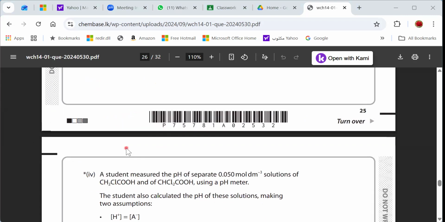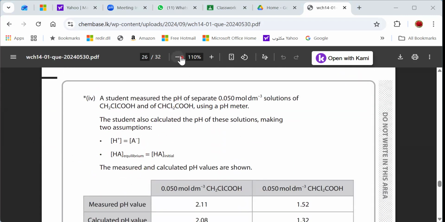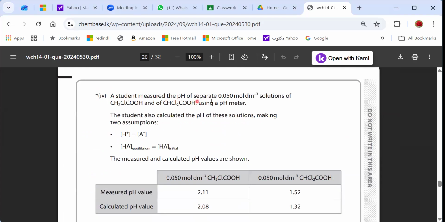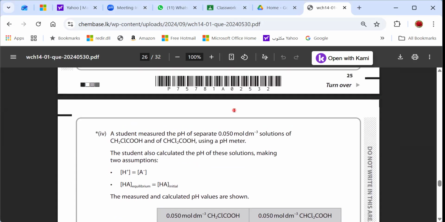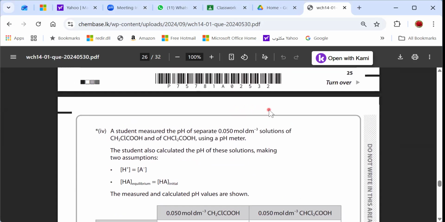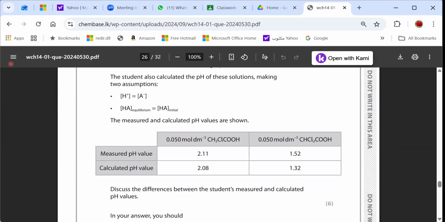They said here a student measured the pH of separate 0.05 mole per decimeter cube solutions of the chloroethanoic acid and dichloroethanoic acid using a pH meter. He used concentrations of 0.05 mole per decimeter cube of both.